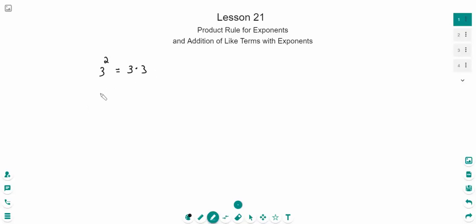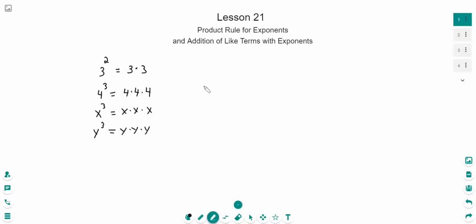Okay, so again, this is just review, but 4 to the third is going to be 4 times 4 times 4. X to the third, if we have a variable, is equivalent to x times x times x. Y to the third, again, is just the variable y times y times y, and so on, right? So those are all exponents.